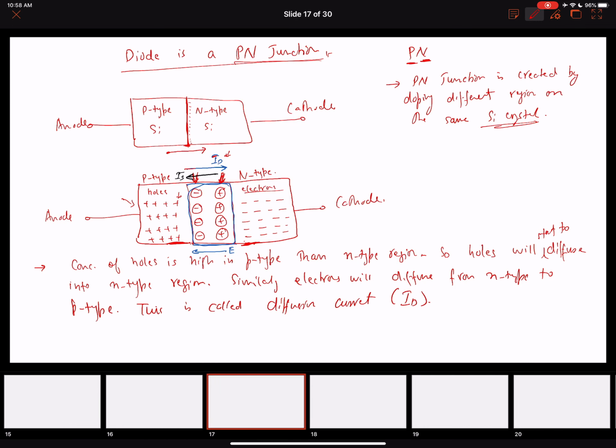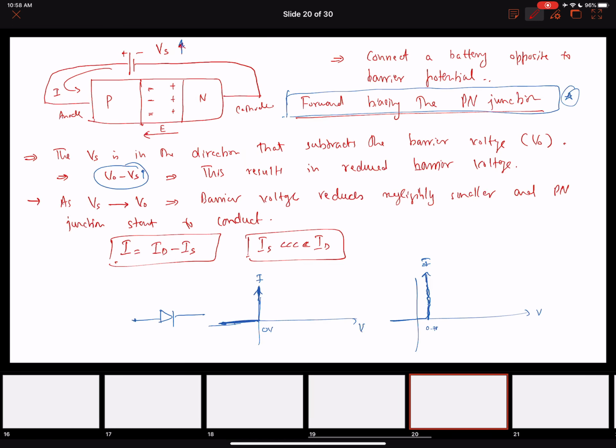And this is where our forward and reverse biasing comes in. If the anode of the PN junction is connected to the positive terminal and the cathode to the negative terminal, right?